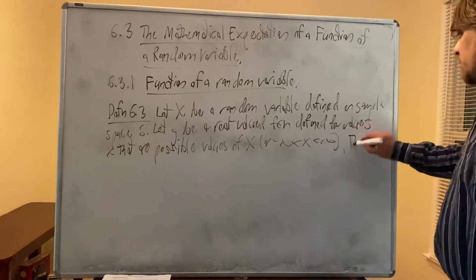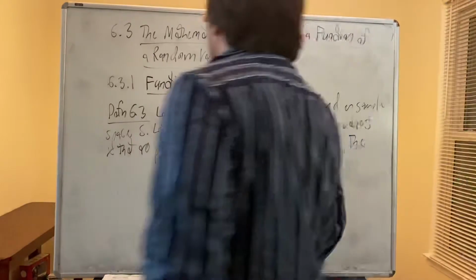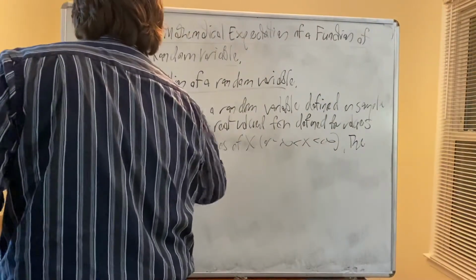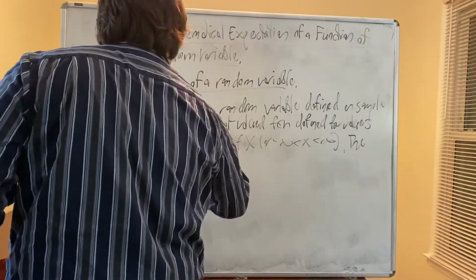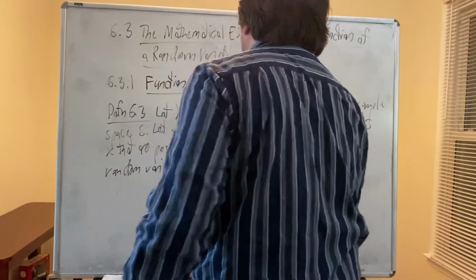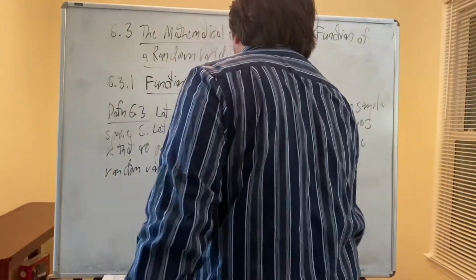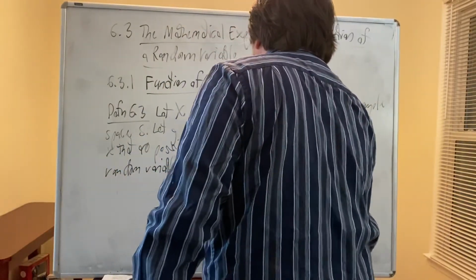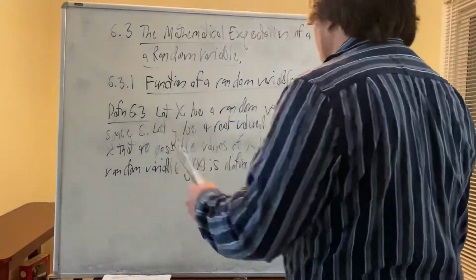The random variable G of capital X is defined on capital S as follows.